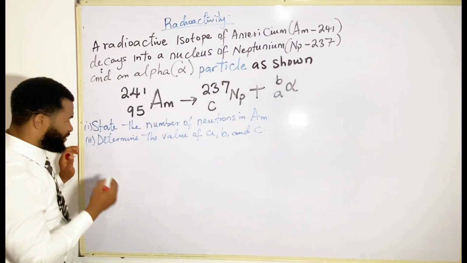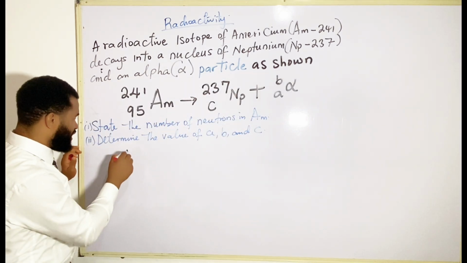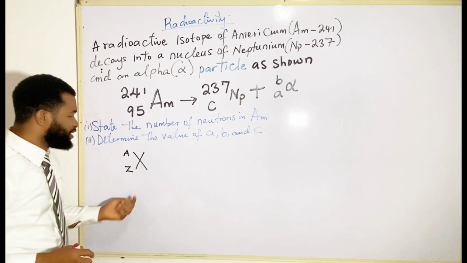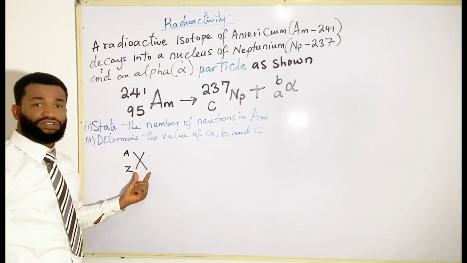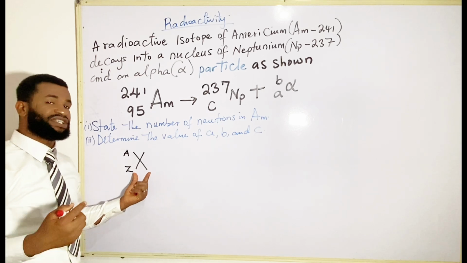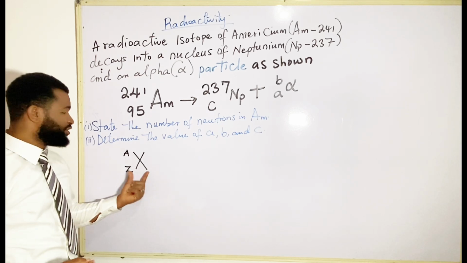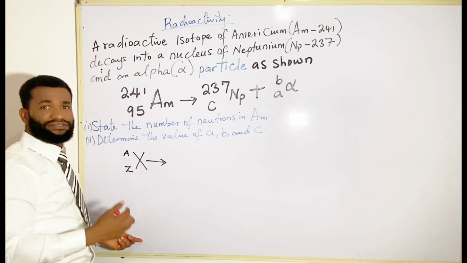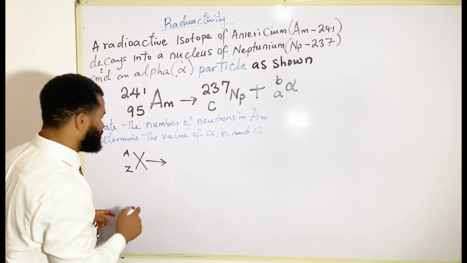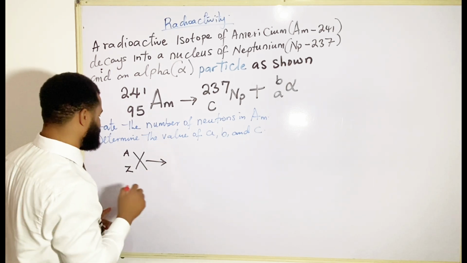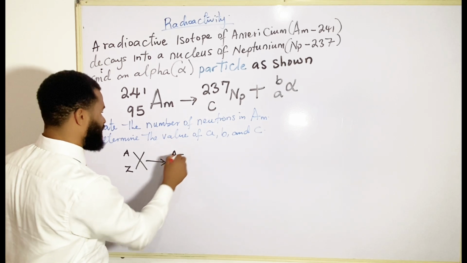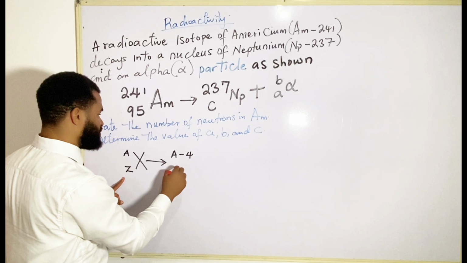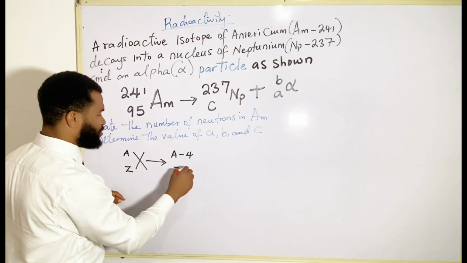That general equation is given as, let me call this A to Z of a particular element. Whenever an element is not known, whenever you use a letter to represent an element, we call it a nuclide. So whenever this nuclide gives off an alpha particle, this is what you're going to have. The element that will be formed here is going to have A minus 4 and the Z, which is the atomic number, minus 2.